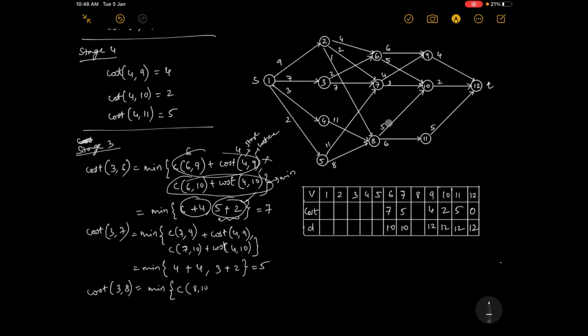So C of 8 comma 10 plus cost of stage 4, vertex 10, and C of 8 comma 11 plus cost of stage 4, vertex 11.